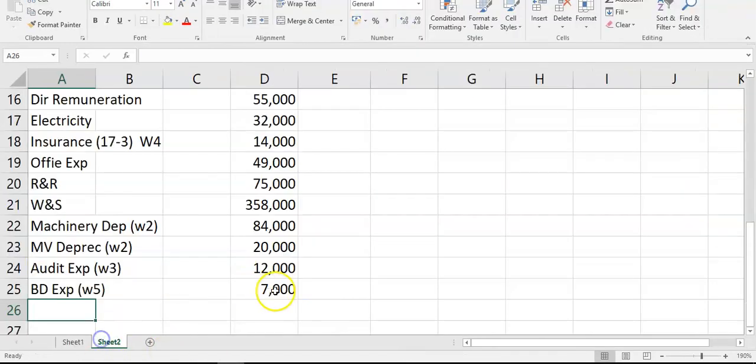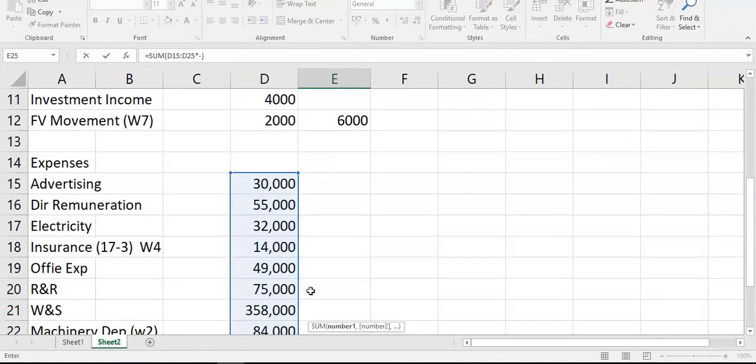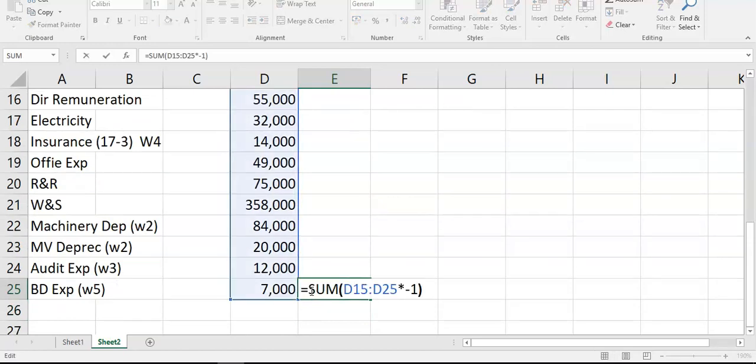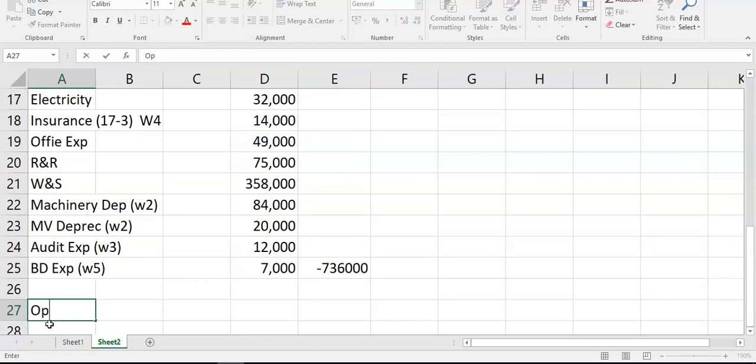So we tot those up, and we get total expenses of, that's wrong there, 5, and then we times that by -1, is 736. So that gets us to what we call operating profit, or otherwise known as profit before interest and tax.